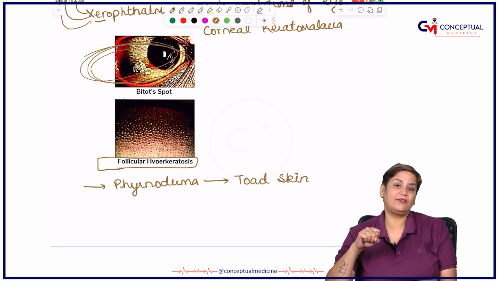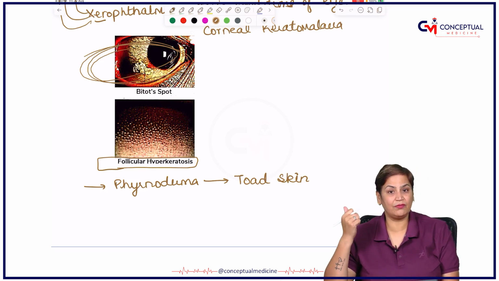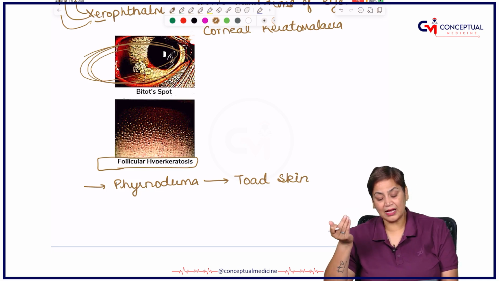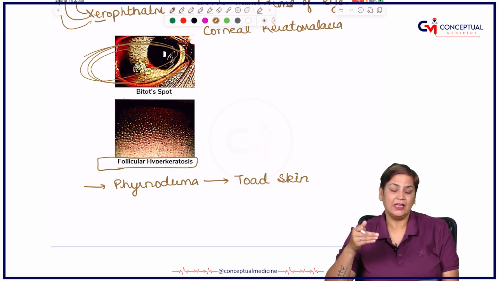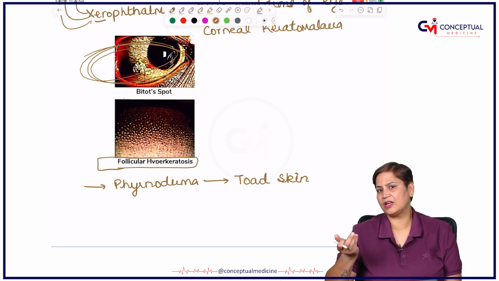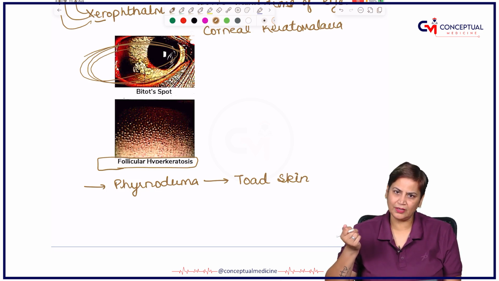the individual will have a toad-like skin, which is also known as phrynoderma. Phrynoderma is a characteristic feature of deficiency of essential fatty acids also, because again fats, fat-soluble vitamins, they require one agent for transport because they are not soluble in water, right?